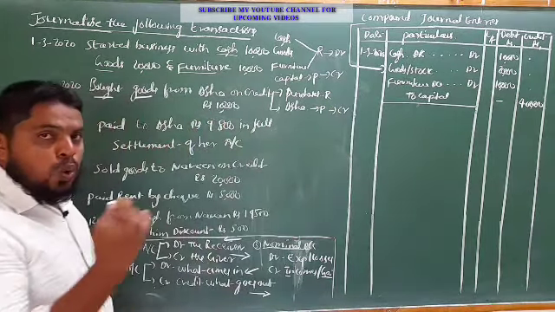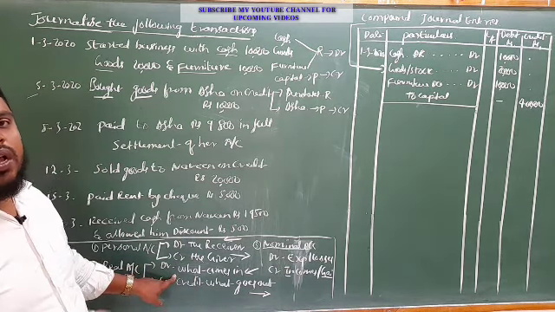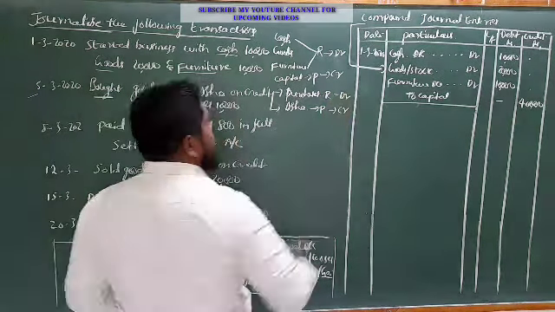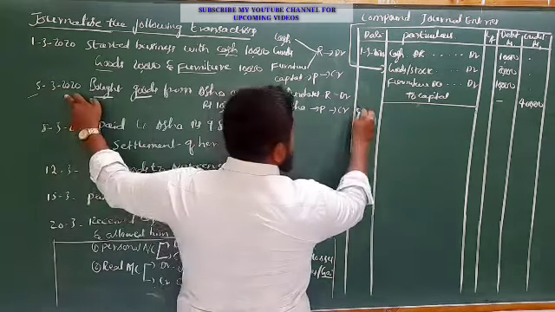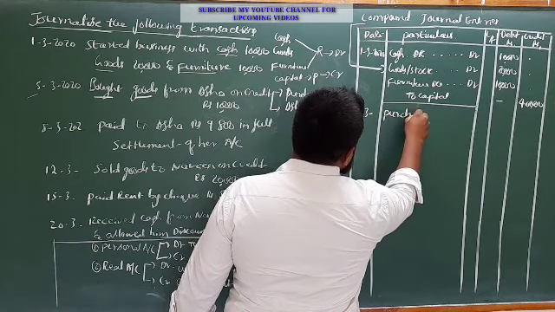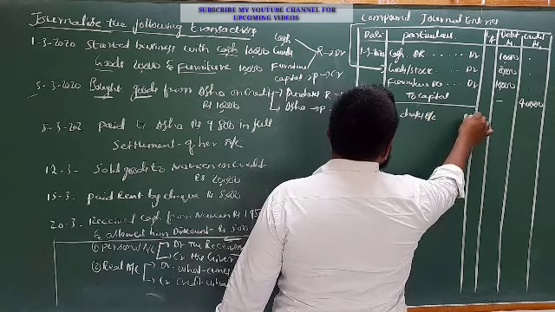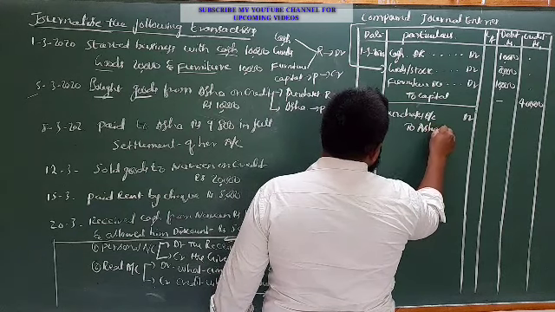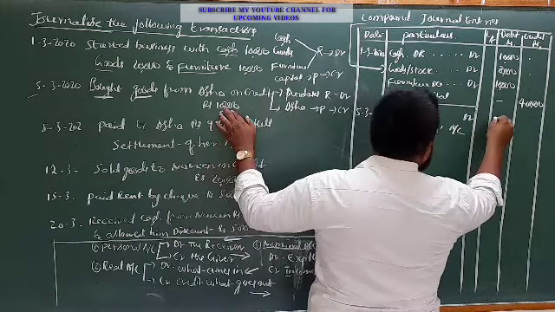So Asha is the credit side. Purchases goods, goods is coming into the business. So real account, what comes in, debit side. Now the entry on 5th: purchases account debit to Asha's account, amount 10,000.